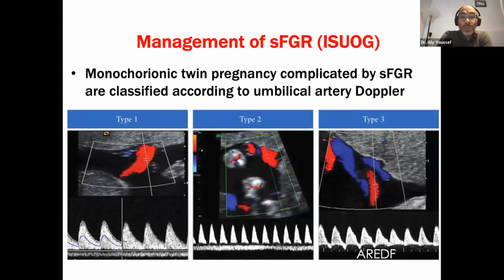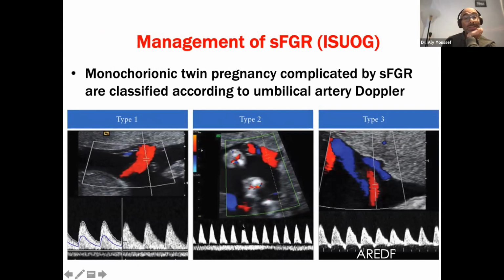There is a specific classification for selective fetal growth restriction in a monochorionic twin pregnancy, and this is based on the umbilical artery Doppler. If we have a normal Doppler, this is type 1 selective fetal growth restriction.